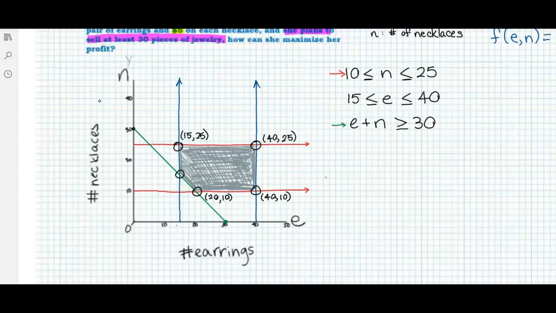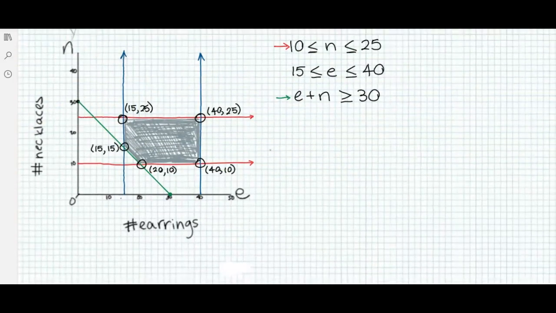Similarly, right here, I know this is part of the blue line. The blue line is E equals 15. So going back into my green equation again with E equals 15. 15 plus what is 30? N would also be 15. So I found all 5 of my vertices.